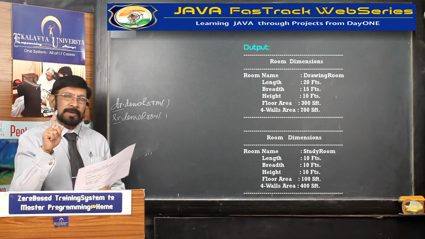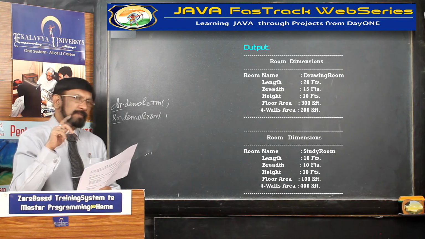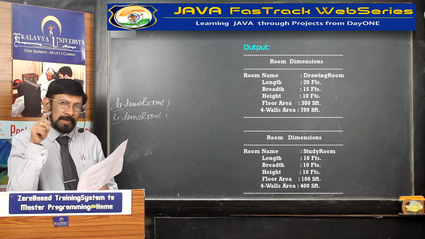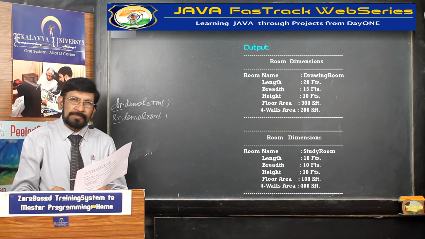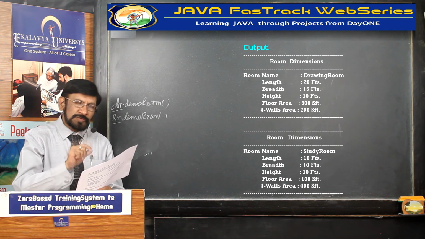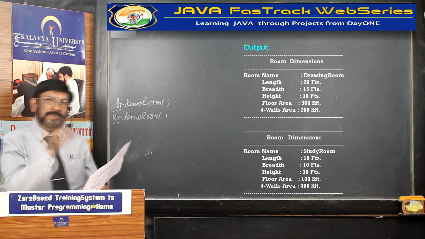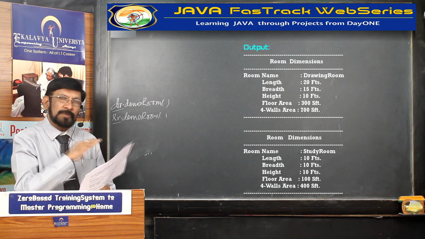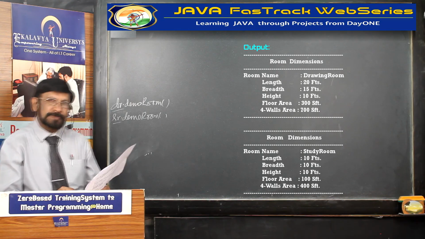Always remember that the output values are floor area and four walls area, but along with them, you should give the input values also in the output. Then only it is readable. Otherwise, how can the user verify what the input values are? Whatever values are required to understand the output, all should be given in the output. You have to understand that point and proceed.